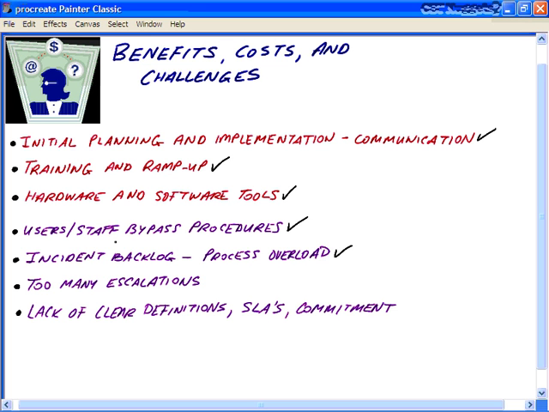Also, if your first tier is not properly trained or staffed, you may have too many escalations. Escalations that aren't resolved quickly enough, or escalations that need more specialized resources. Too many of these are going to have an adverse impact on your organization, on the specialists themselves, and on the overall infrastructure.